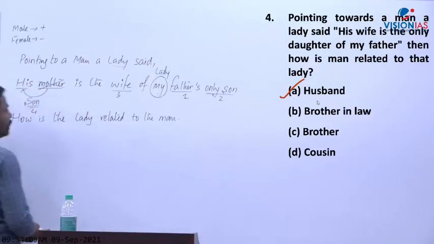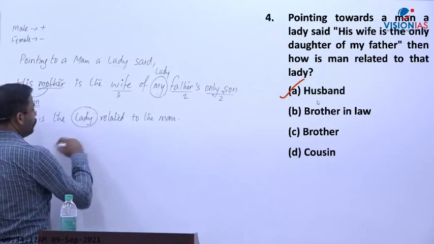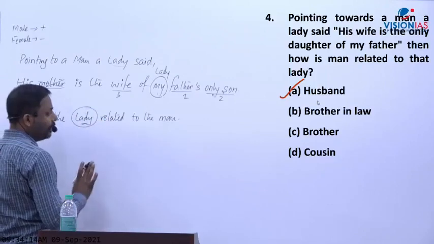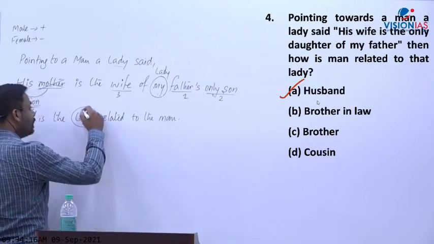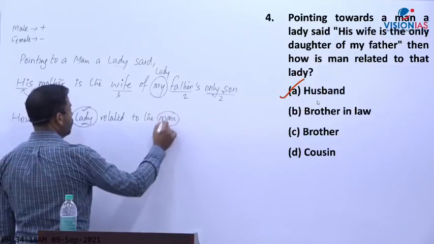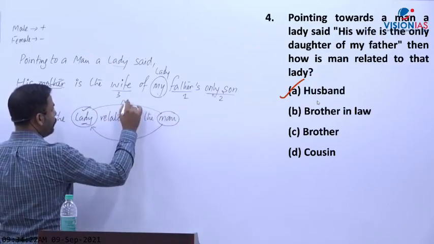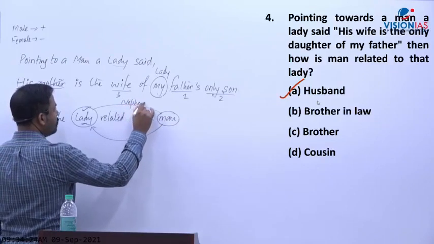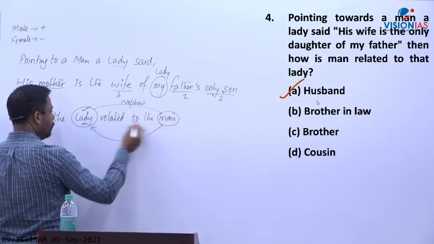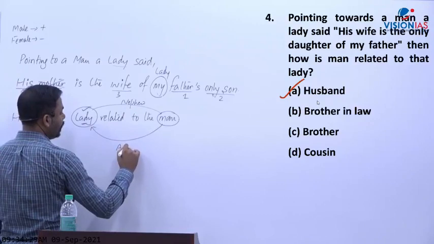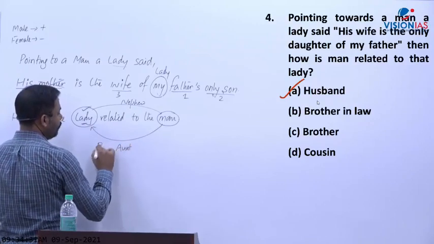But as per the question, we have to find how is the lady related to the man. It means who is lady. So for the man, lady is what? So if the man is nephew of the lady, so for the man, this lady will be paternal aunt.